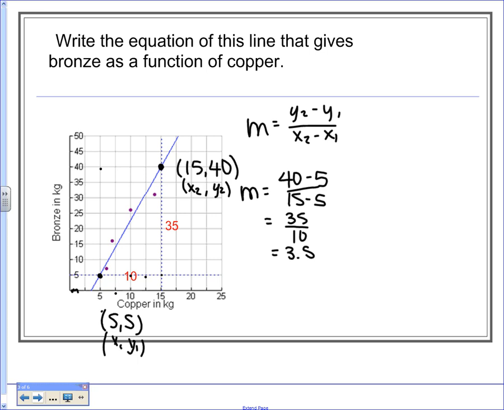What else do we have to find? We need to find the y-intercept. So y equals 3.5x plus b. How am I going to figure that out? Should I plug in this one or that one? The smaller one, yeah. So see if you can figure out what your b would actually become.